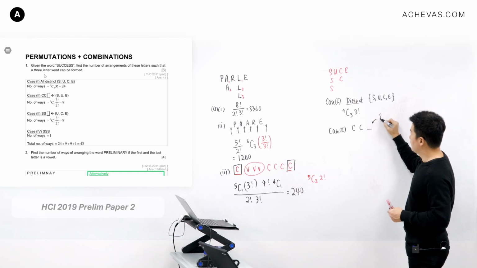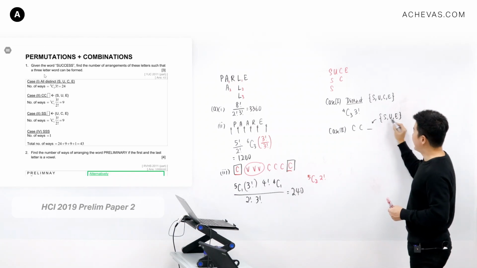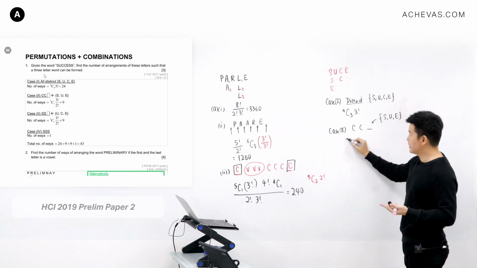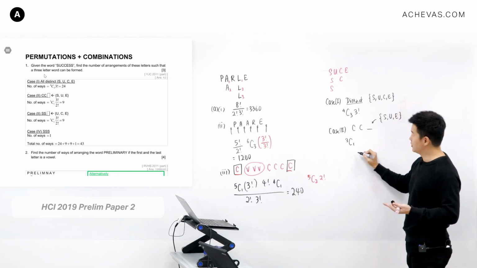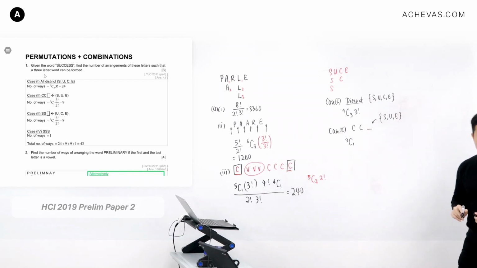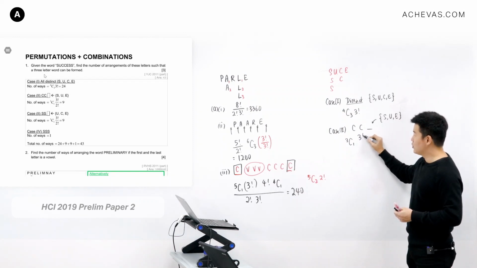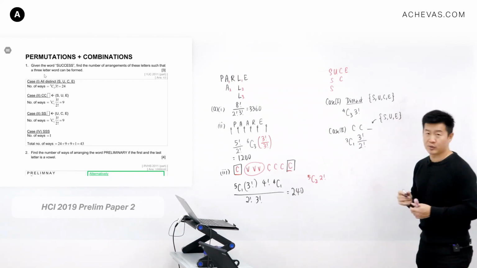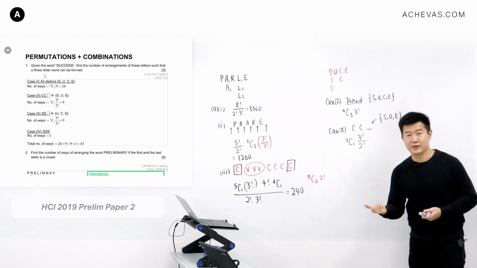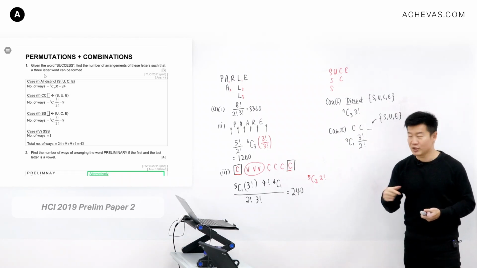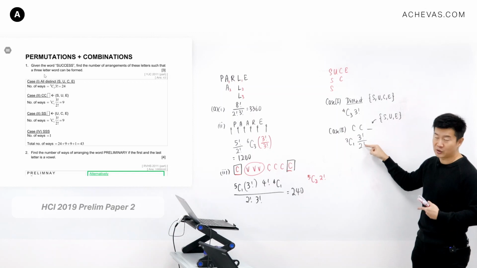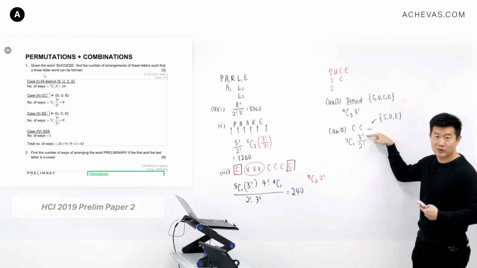And in this something, I'm going to be just having a S, U, or E. S, U, E, there are 3 distinct objects, so 3 choose 1, it is possible. Then I mix it with this. And when I mix it with this, you will do a 3 factorial divided by 2 factorial, correct? And let's go back to the root of 2 factorial, which is actually not 2 factorial. The root of this is actually this 3 factorial.